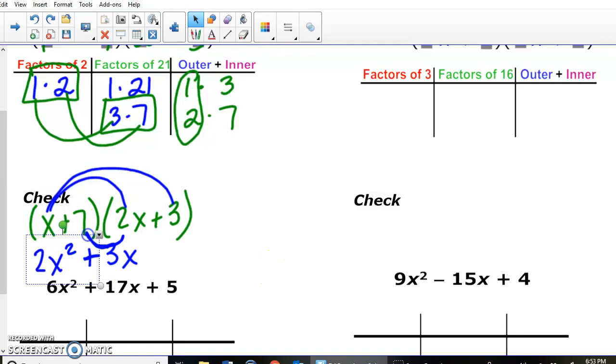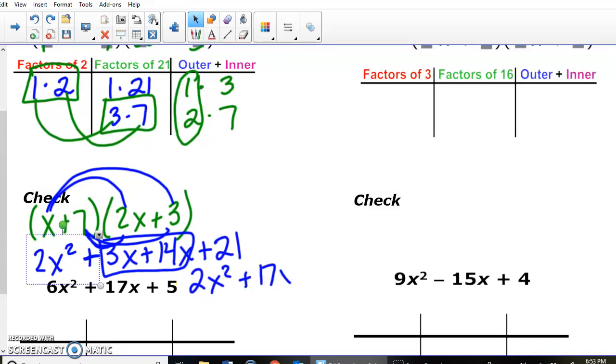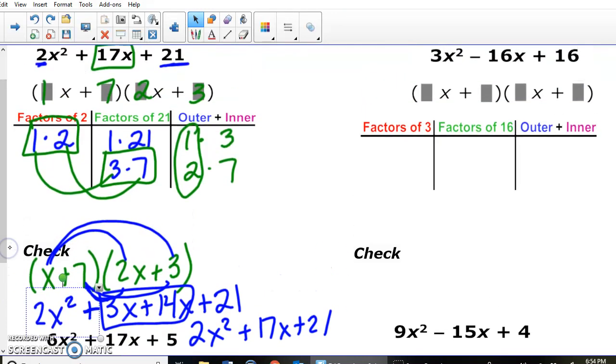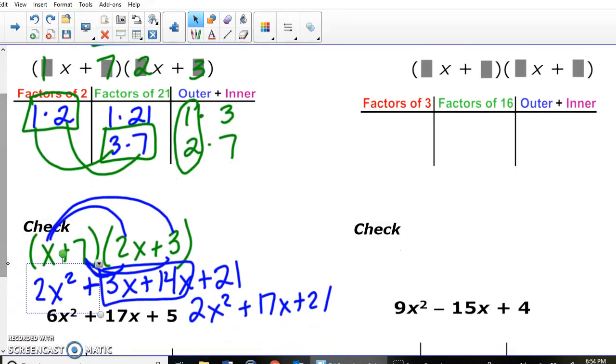My inner terms gets me a 14x. And then my last term, 7 times 3, gets me to 21. And then if I add this together, I'll wind up with 2x squared plus 17x plus 21, which is exactly what I started with in my original problem. So that is how I can check to know I did it right.